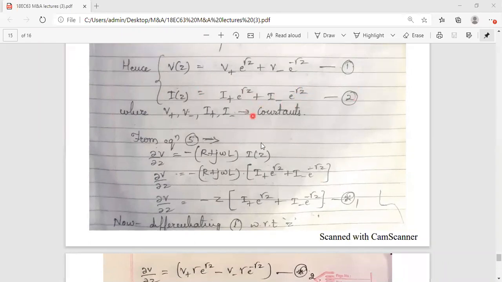So I am substituting this second equation. For simplicity, instead of writing R plus j omega L every time, let me keep it as Z only.